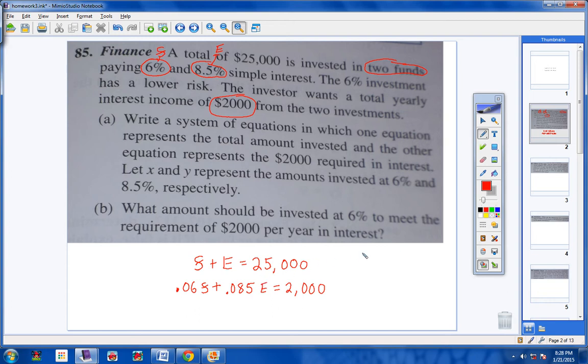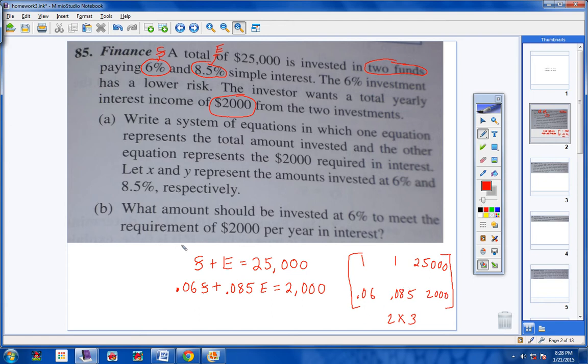I'm going to use matrices. So very quickly in my calculator, I'm going to enter in a 2 by 3, a 2 by 3 matrix. And I'm going to put 1, 1, 25,000. You'll become very fast at this if you use your matrices a lot. Then 0.06, and then 0.085, and then 2,000. Okay?